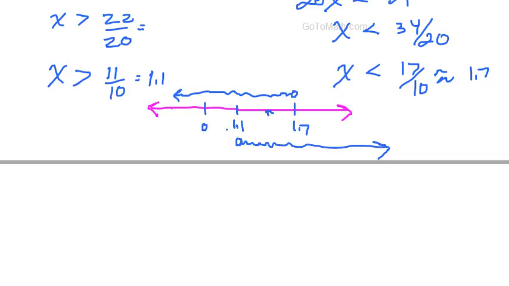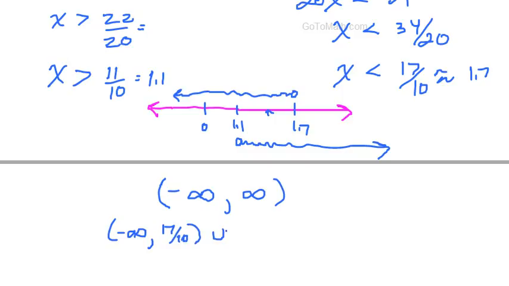So what we really want to say here is from negative infinity to positive infinity. If you were to write this out, it would be negative infinity to 17 over 10, union 11 over 10 to infinity.